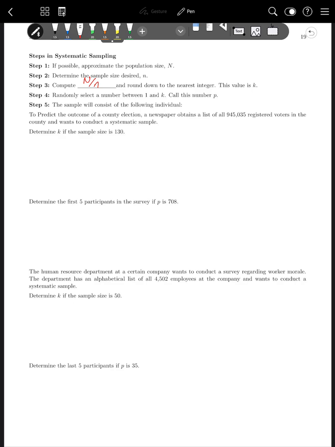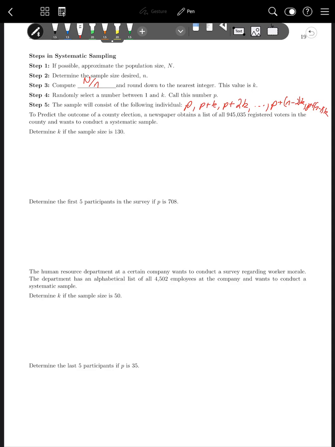The sample will consist of the following individuals: p, p plus k, p plus 2k, and we're going to keep going up until we get p plus (n minus 2) times k and p plus (n minus 1) times k.